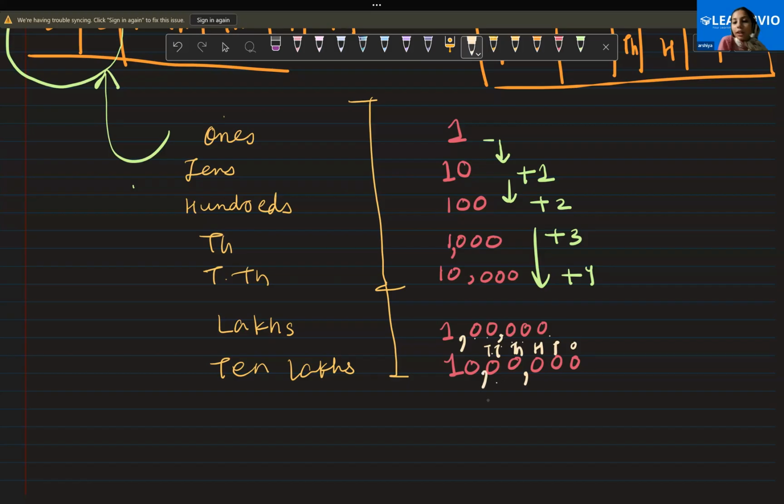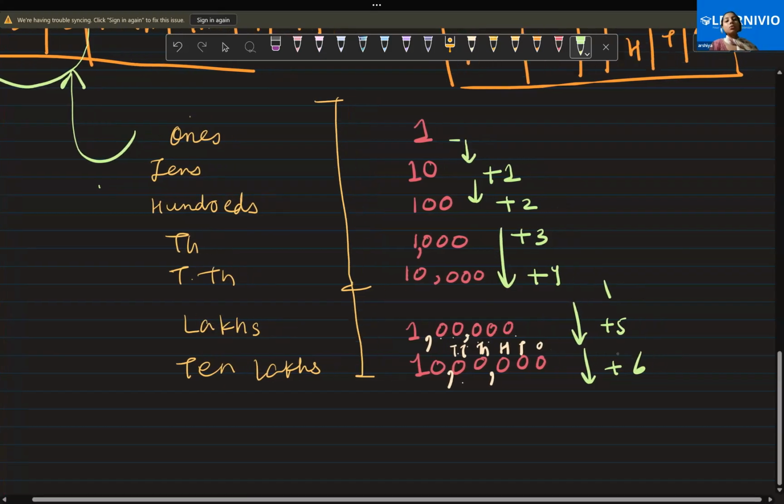Then after that I'll put one more. So this means 10 lakhs and this is lakhs. Following the same pattern, here it was five zeros and here it's six zeros. Is that clear? Yes.